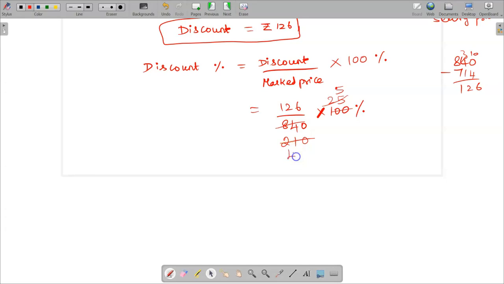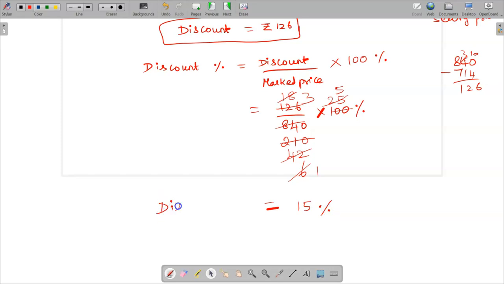And then 5 4s are 20, balance is 1, it will become 10, 5 2s are 10. When we apply the 7 tables, 7 6s are 42, 7 1s are 7, balance is 5, it will become 56, 8 7s are 56. Again we can use the 6 tables, 6 1s are 6, 6 3s are 18. So 3 into 5 is 15%.